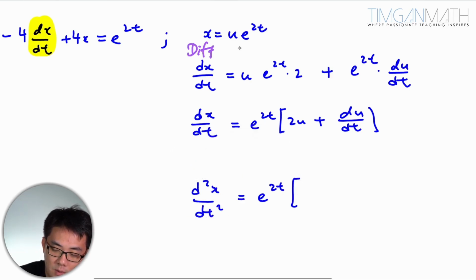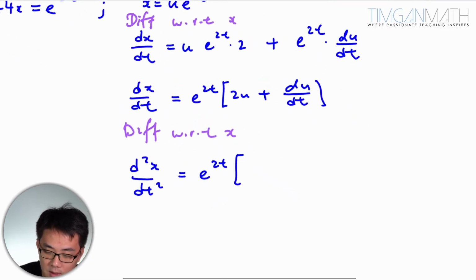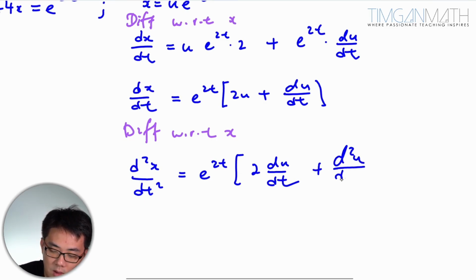Differentiate with respect to t. Once done, this is 2 du/dt plus d²u/dt². So differentiate this.